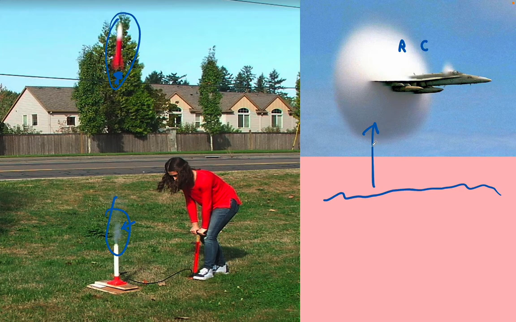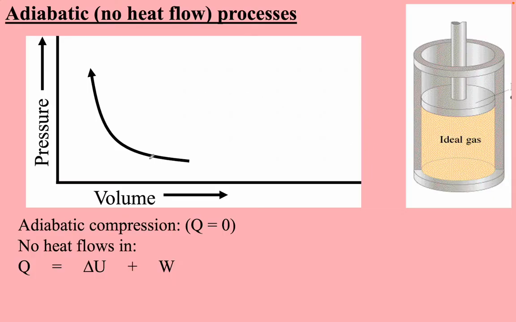And then let's look at adiabatic compressions, right? Well, with an adiabatic compression, this is 0, okay? And we do work on the gas, okay? So remember, as we move in, the change in volume is negative. So we have a negative work done. Therefore, if it's got to add to 0, we have a positive change in internal energy, okay?